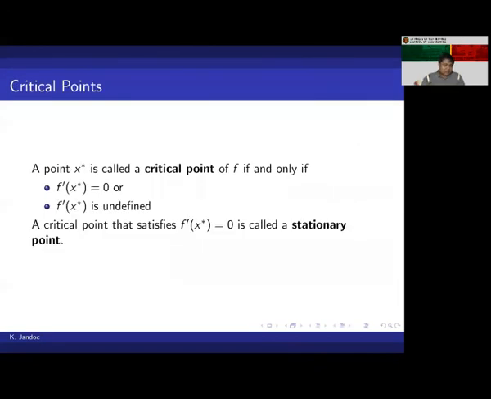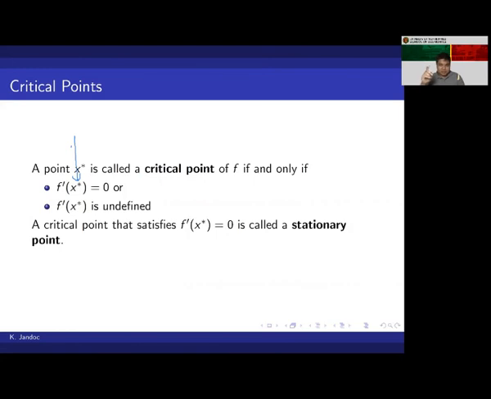Let's define what critical points are. A point x star is called a critical point of the function f if and only if one of these two things happens. When you plug in x star to the derivative of f, which is f prime, it equals 0.